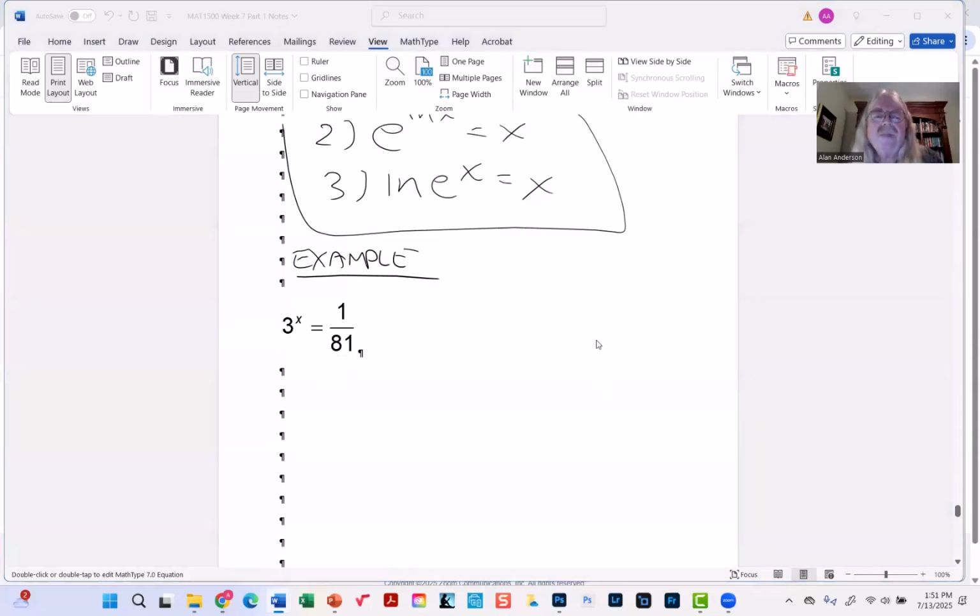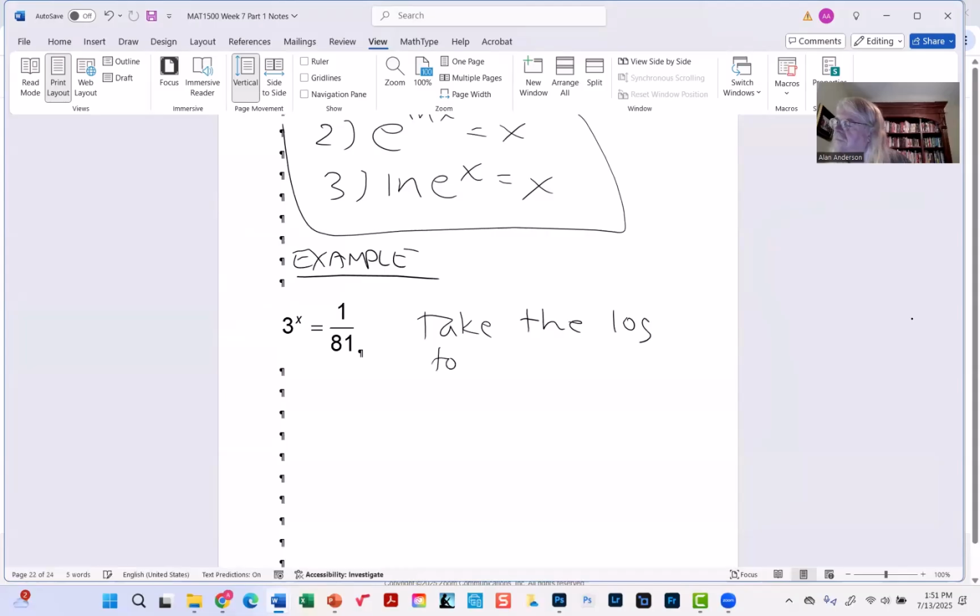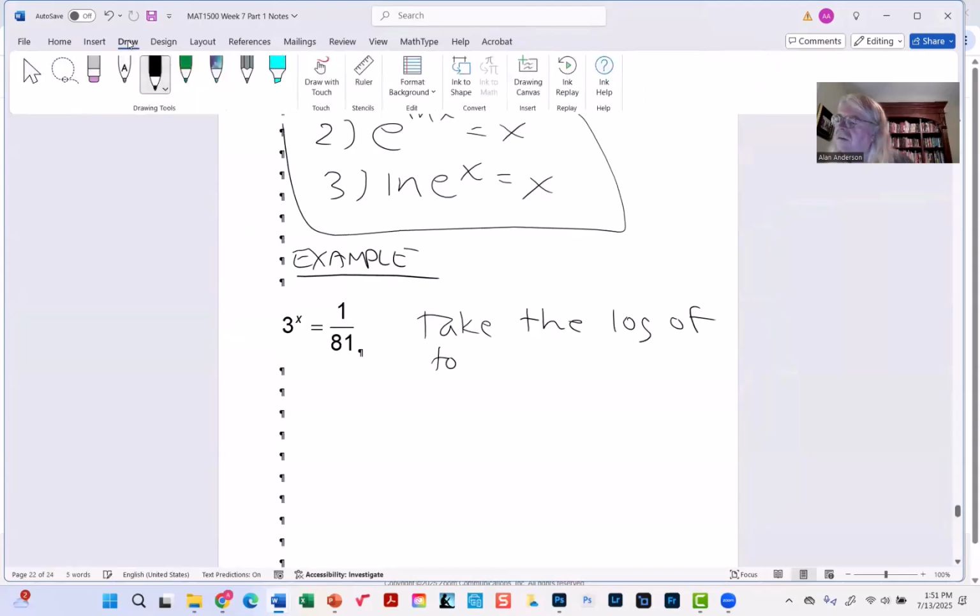What we can do is take the log to base 3 of both sides, which we're certainly allowed to do.